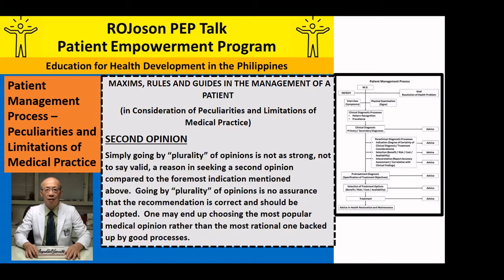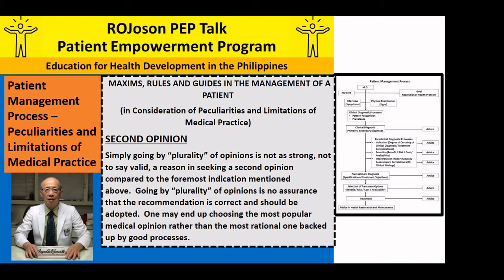Simply going by plurality, 3 against 1, 4 against 1, something like that, a plurality of opinions is not as strong, not to say valid, a reason for seeking a second opinion compared to the foremost indication mentioned above.